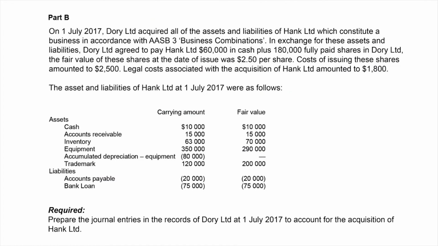Part B is also another example of business combination. With this particular question, once again, right at the beginning, you need to identify whether it is an acquisition of shares or whether it is an acquisition of assets and liabilities. So in this question, you can see that on 1st of July 2017, Dory Limited acquired all of the assets and liabilities. Okay, this is the keyword.